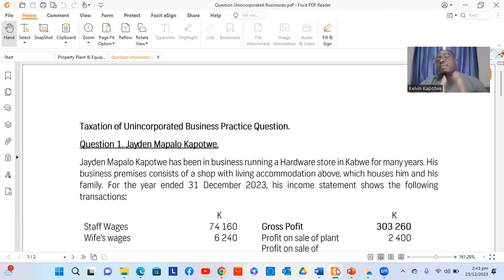The first thing that you do when you are faced with a question like this one is go straight to the requirements. What is it that you're required to do in the question? Don't start by reading the question first. Remember, you've got 3 hours to do your exam in, and as such, you must apportion your time very well. For those that are doing ZICA, you've got question 1 having 40 marks.